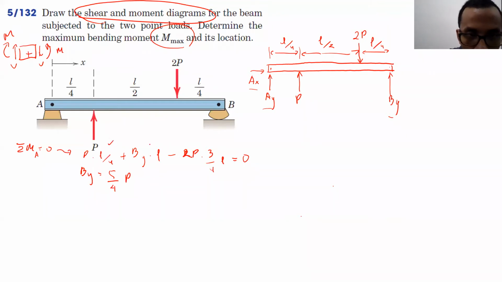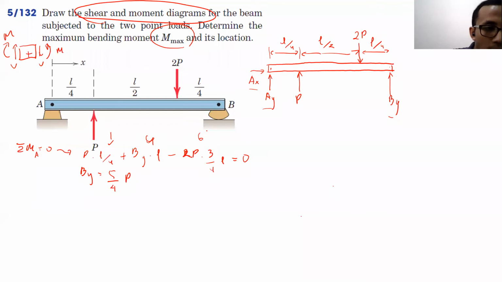This one is 1, this one is 4, this one is 6, 6 minus 5. Correct. So BY is 5/4 P, right?